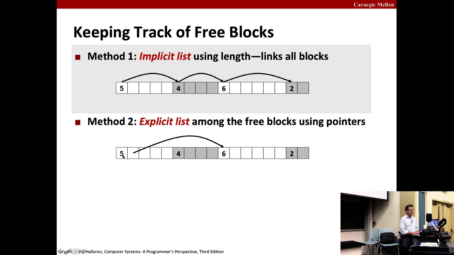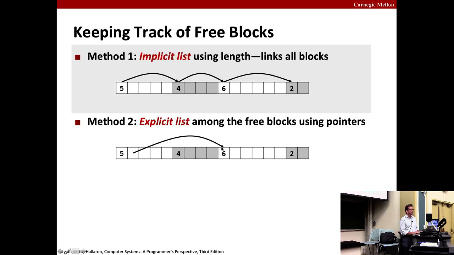Now another thing we could do is use some of the words in the block to create a linked list of some kind, either singly or doubly linked. In this case, it's an explicit list of the free blocks, and we can just walk that list. Here we visit the first free block, and then there's a pointer to the next free block, and so on.